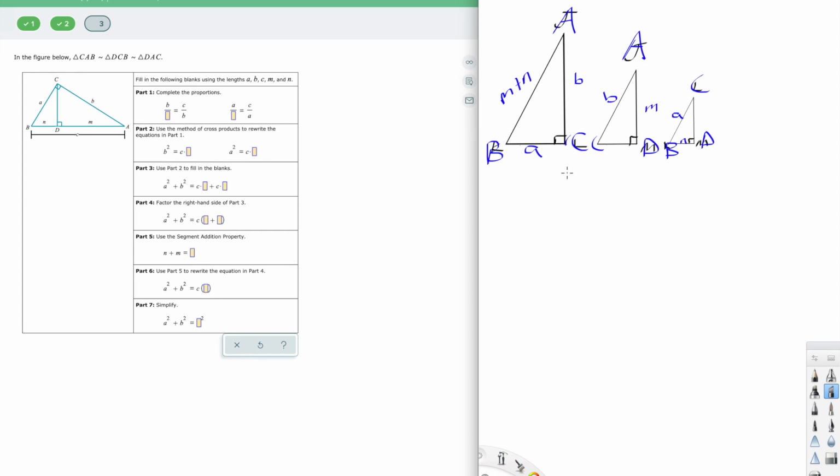All right. So if we're looking at this for completing the proportions, we have B over something equals C over B. So if I'm looking at C over B, where's the length C? Oh, length C, right there.